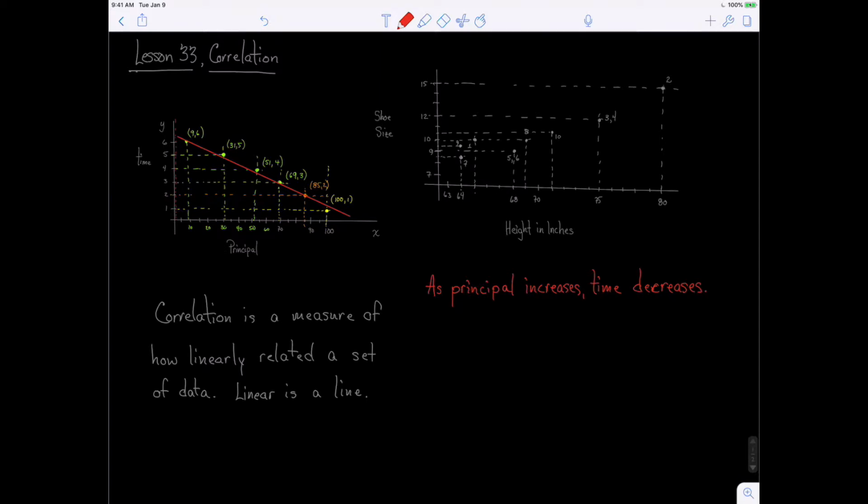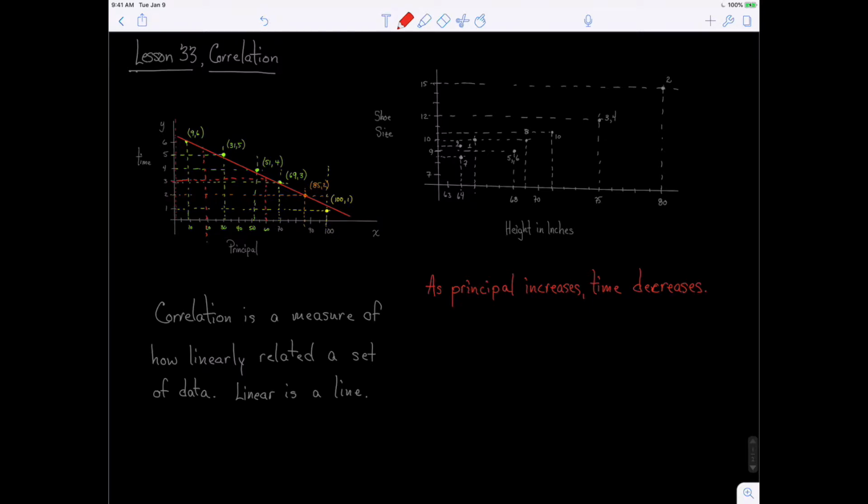In other words, as one number gets larger, the other number gets smaller. For example, here where principal is 20, time is up over 5. But when principal is here at 60, well then my time back here is just over 3. So as one gets larger, the other gets smaller.